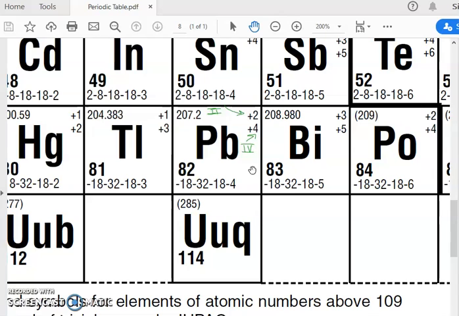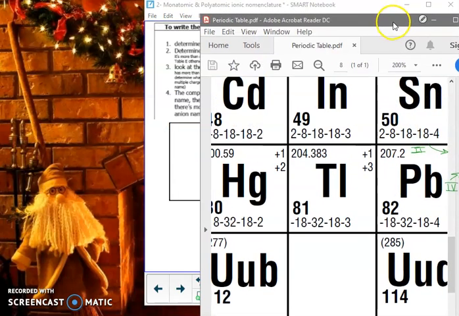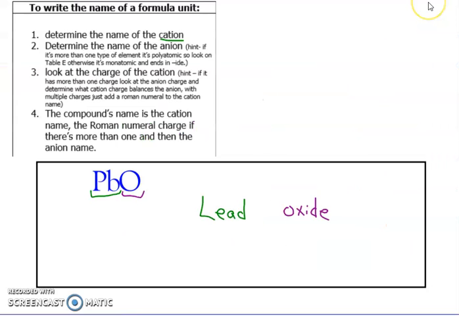So now let's go back to our worksheet here. So lead is going to be either a +2 or a +4. Oxide only has one charge. Oxide is only a 2-.